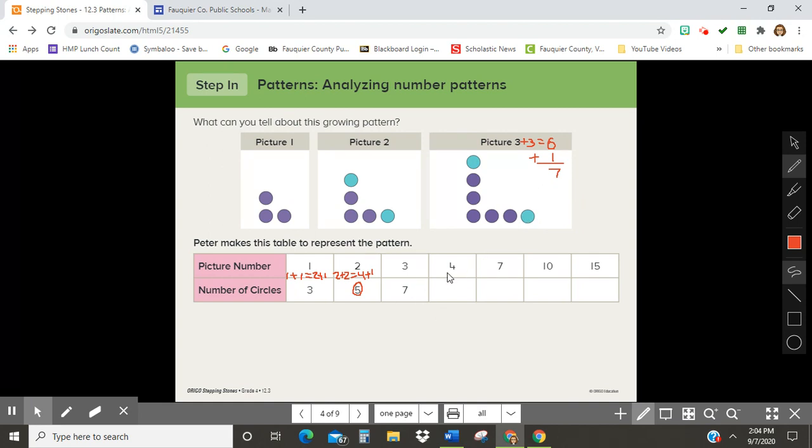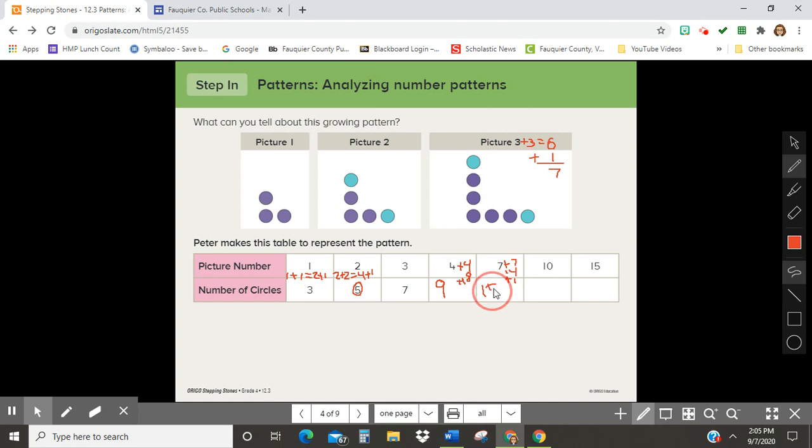Okay, so for the fourth one, it would be 4 plus 4, which is 8, plus 1 is 9. Okay, for 7 of them, it would be 7 plus 7, which is 14, plus 1 is 15.